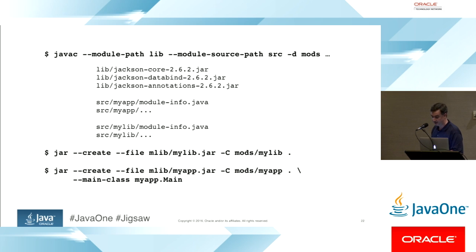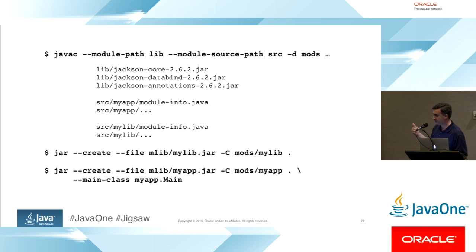The result then is class files -d in the mods directory. We can run jar to build mylib.jar based on the classes in mods mylib. We can run jar to build myapp.jar from the classes in mods myapp. And because it's going to be the main class, we specify that on the command line here.